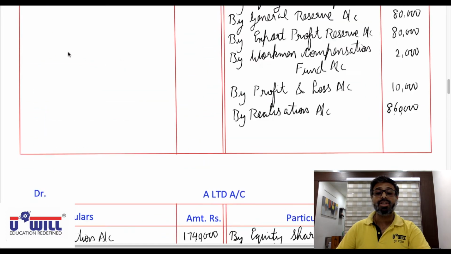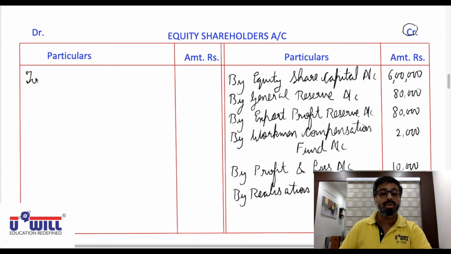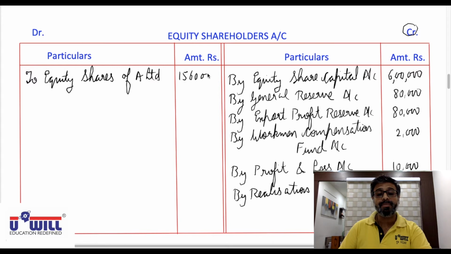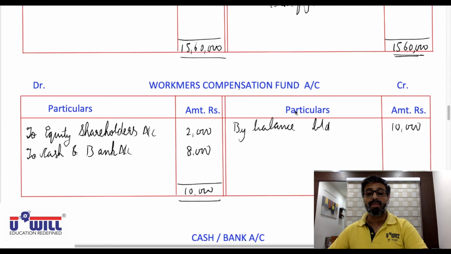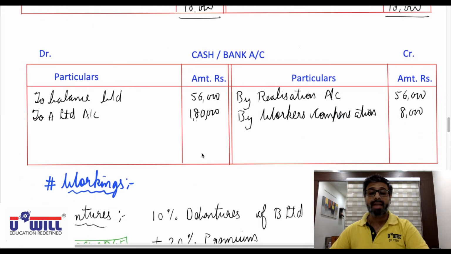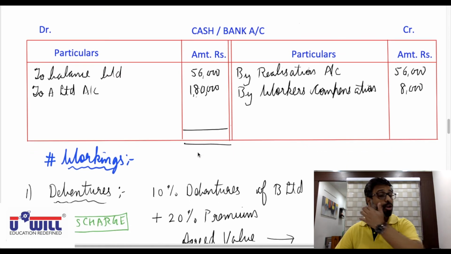Opposite side in equity shareholders debit side, to equity shares of A Limited account 15,60,000. Then which account other balance remains? Workmen compensation gets closed. Cash and bank: whatever cash and bank is left out, that also we will give to whom? Equity shareholders, 2,36,000.